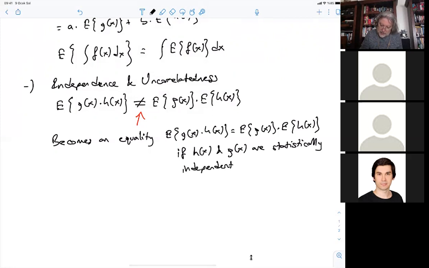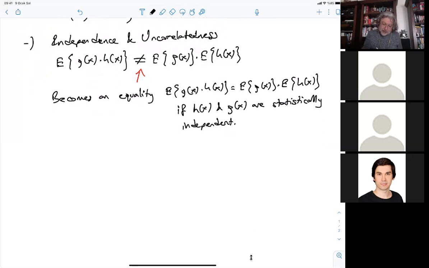So this is the definition of independence. If they are independent, their multiplication does not cause any complexity in the expected value. Expected value of the multiplication is the multiplication of the expected values. That is the statistical independence formula.